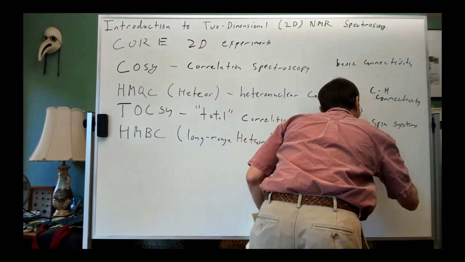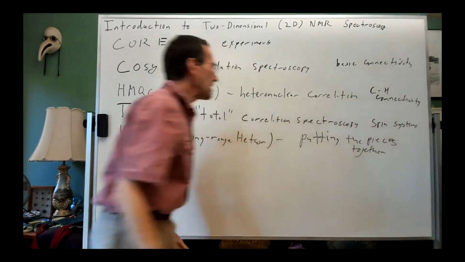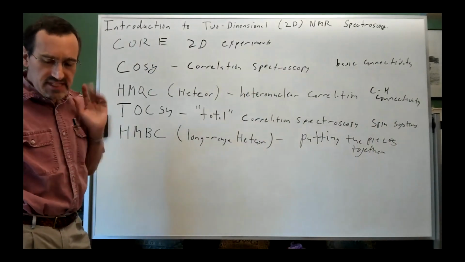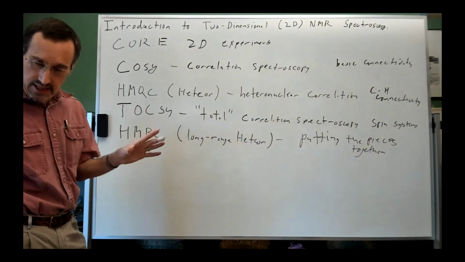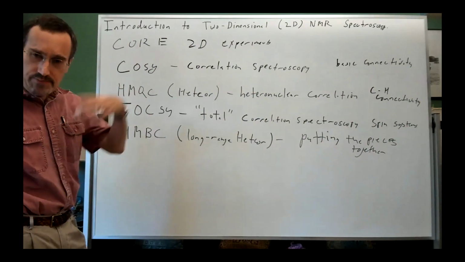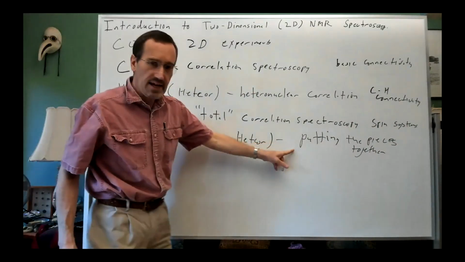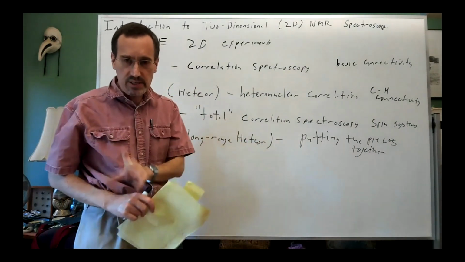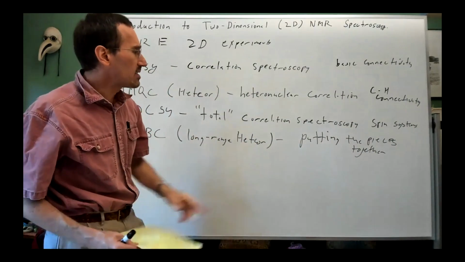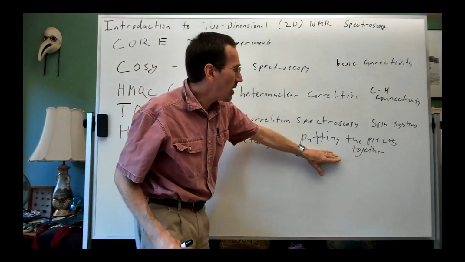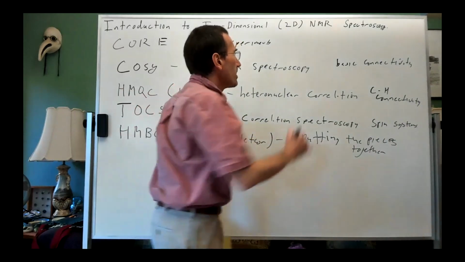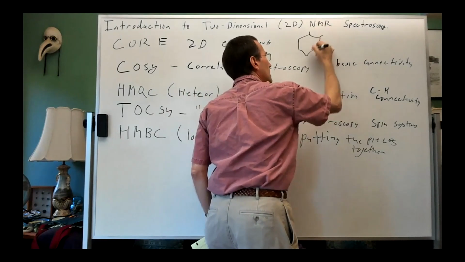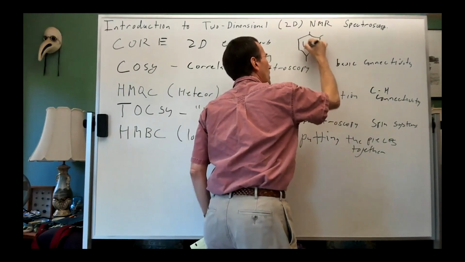I think you've already seen examples, for those of you who did the second problem in the exam, and very few people got the right answer on the second problem in the exam, which was a hard problem and in a way ambiguous. I'll give you a perfect example. Many people were able to figure out that we had a 1,2,4 tri-substituted aromatic group.